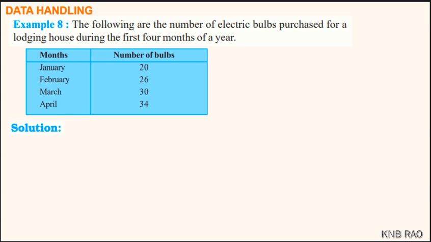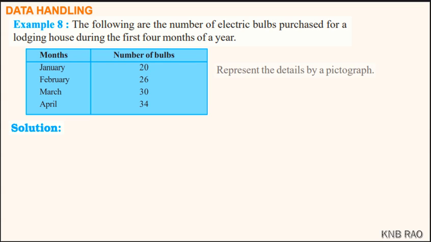So, 20 bulbs were purchased in the month of January, 26 bulbs in February, 30 bulbs in March, and 34 in April.